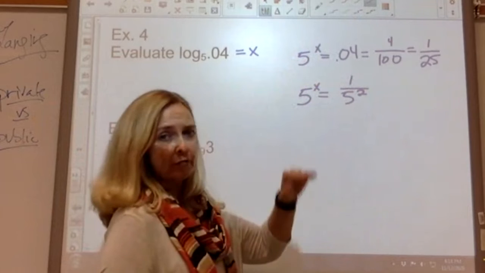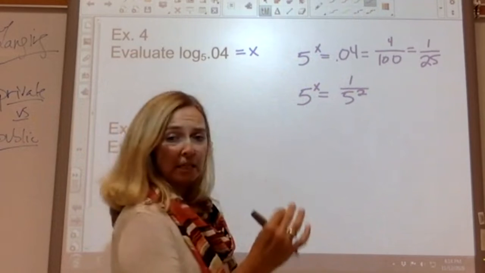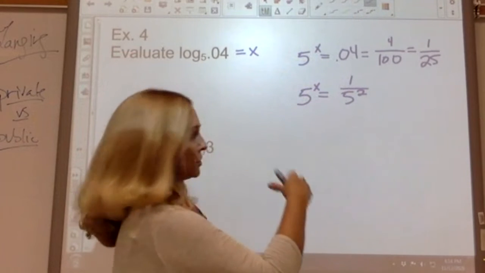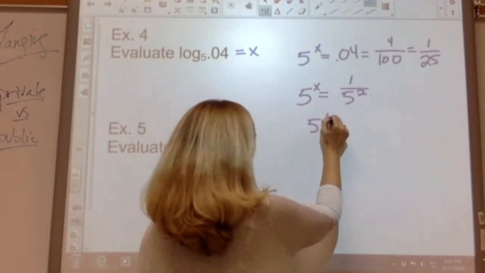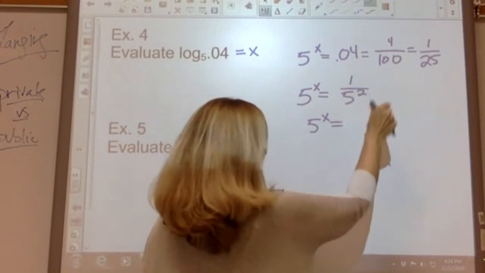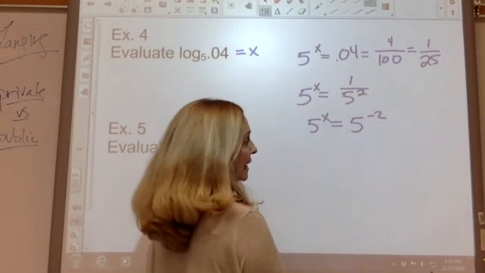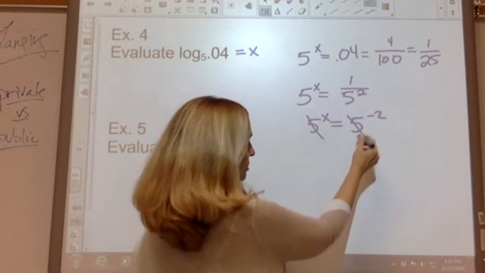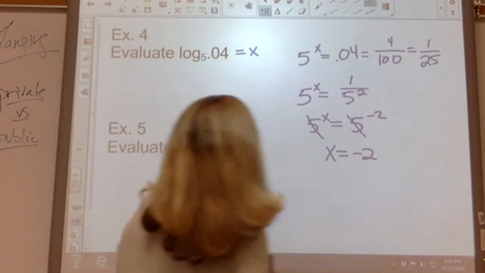When you move something from the denominator to the numerator or vice versa, it just changes the sign of the exponent. That's what we said in 5.2. So this becomes 5 to the x equals 5 to the negative 2. And now these bases are the same, so I can mark them out, and I'm left with x equals negative 2. Okay?